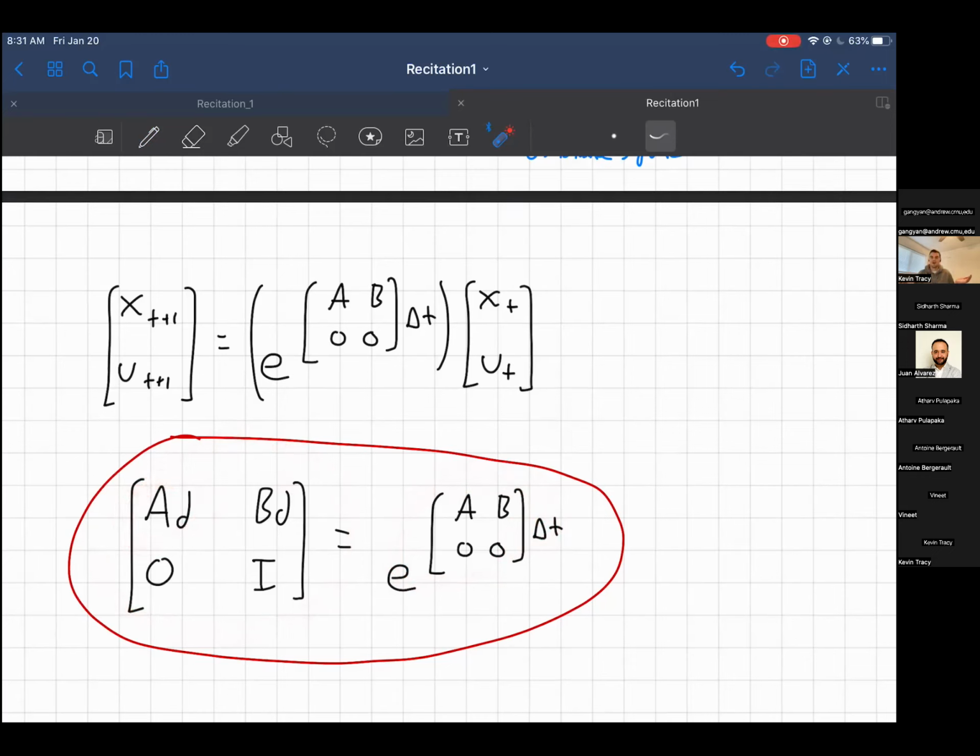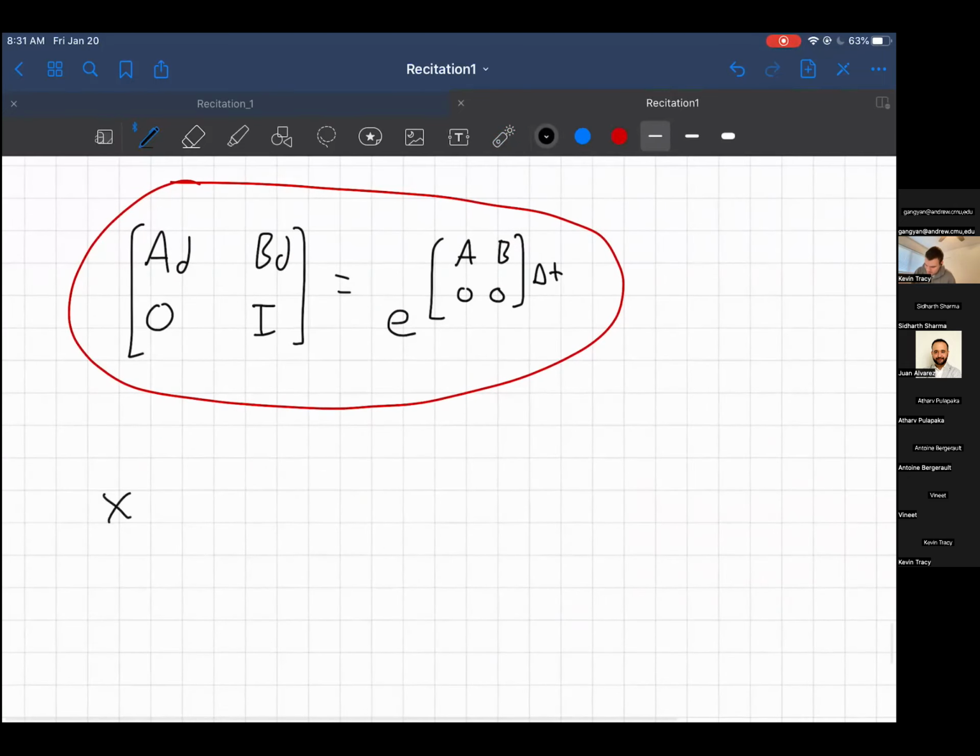And now I have my discrete time matrices. So I can now say x of t plus 1 equals AD xt plus BD ut. So now I have a linear discrete time model where I got my AD and my BD matrices from my continuous time A and B matrices.